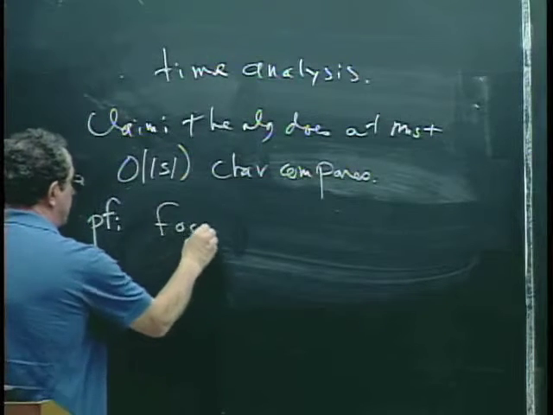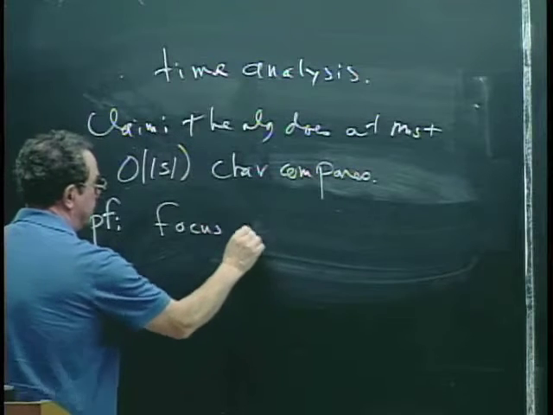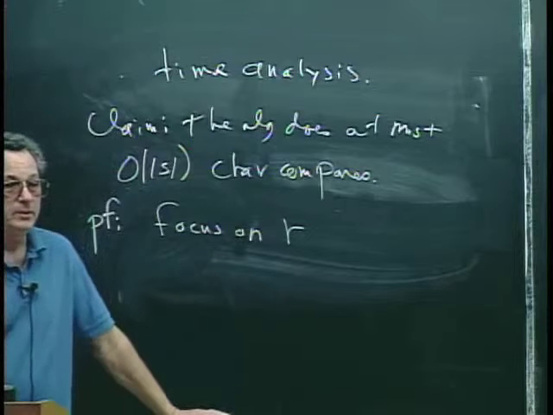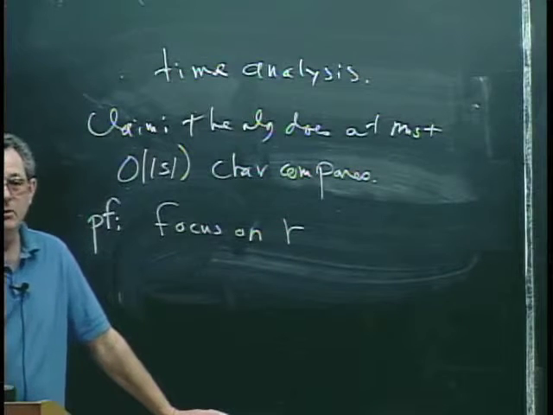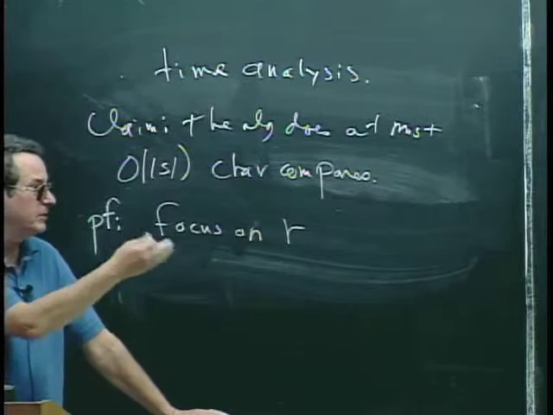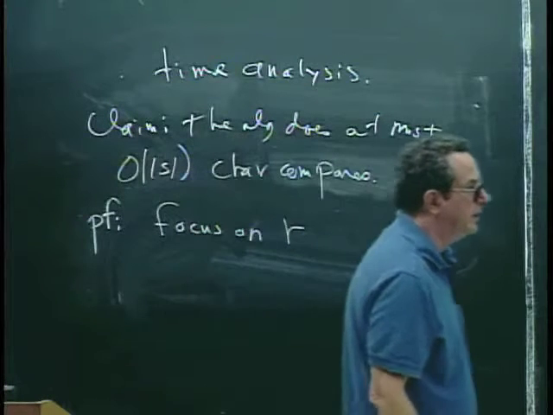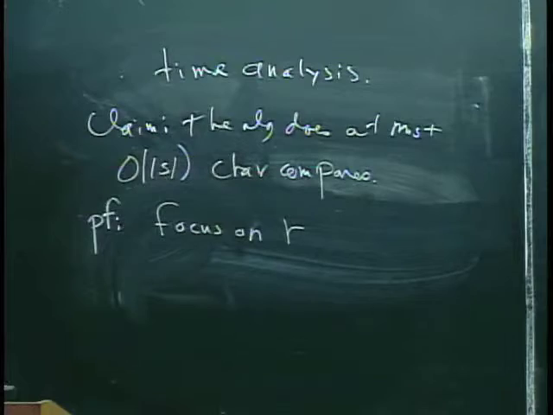as the algorithm goes along, we're just going to focus on variable r. Okay? So variable r only increases, never decreases. There's nothing in the algorithm that decreases r. I guess I should have made one more point explicit.